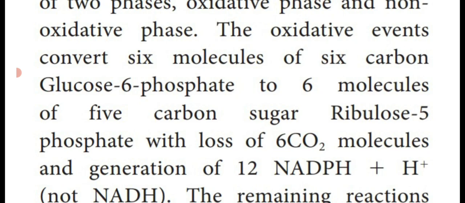See, in this oxidative phase, 6 molecules of 6 carbon glucose 6-phosphate are converted into 6 molecules of 5 carbon compound ribulose 5-phosphate and liberate 6 molecules of carbon dioxide and also produce 12 molecules of NADPH2.